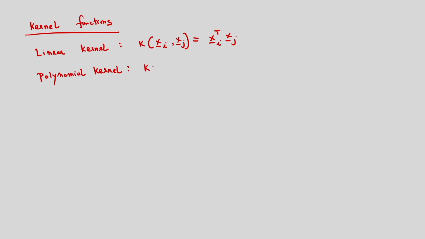In the polynomial kernel, k(xi, xj) is equal to (1 plus xi transpose xj) to the power p. So this is the expression for the polynomial kernel, and one popular kernel is the Gaussian kernel.